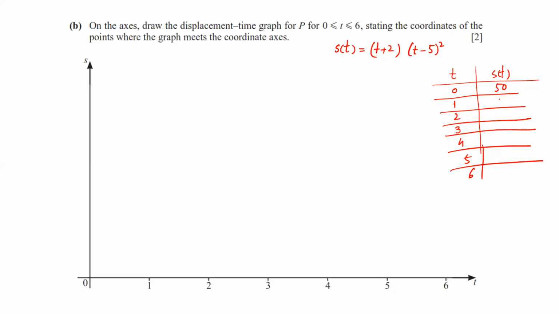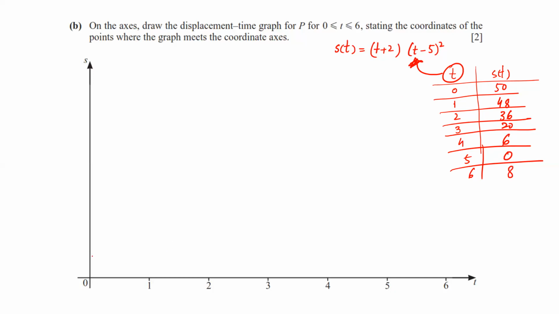If I put 1, it would be 48. If I put 2, it would be 36. If I put 3, it would be 20. We have to put these values in this equation and find out these values. If I put 4, my value would be 6. If I put 5, it will be 0. And if I put 6, it will be 8.